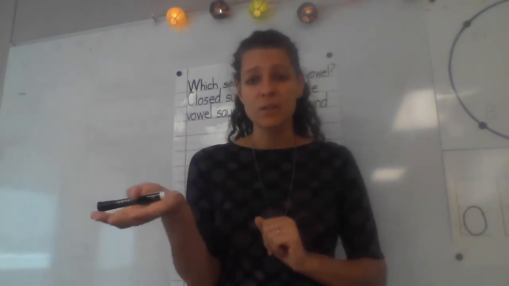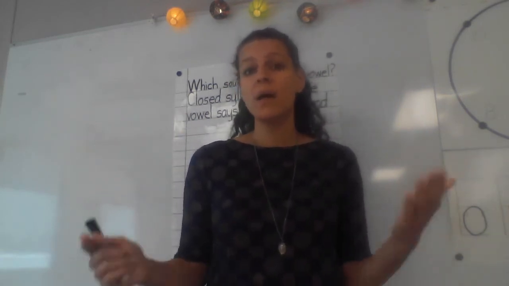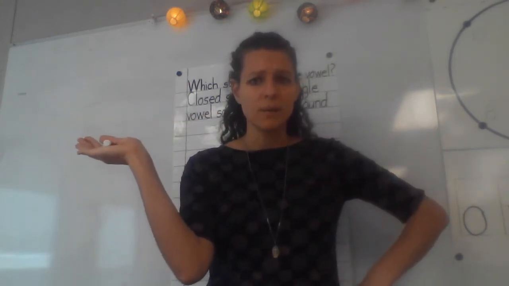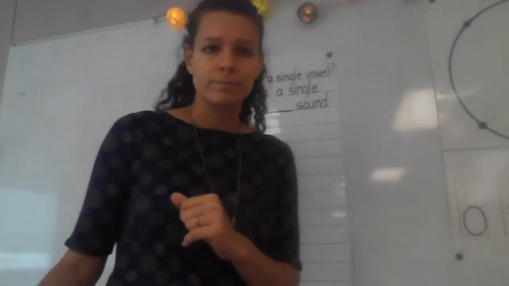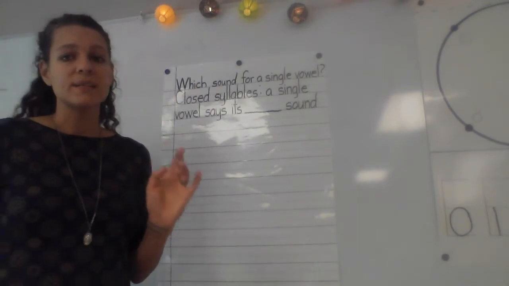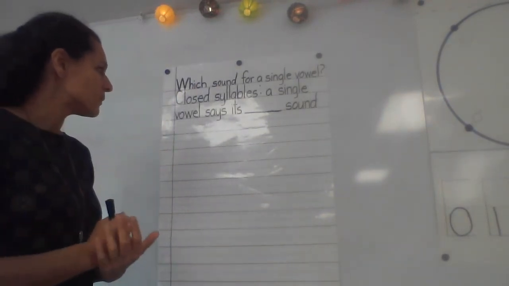They have 2, 3, or 4 sounds. So we have to know, when we're reading a word, how do we know which sound to use for the vowel? All right, so we're going to start talking about this. When we have a single vowel, how do we know which sound to use?